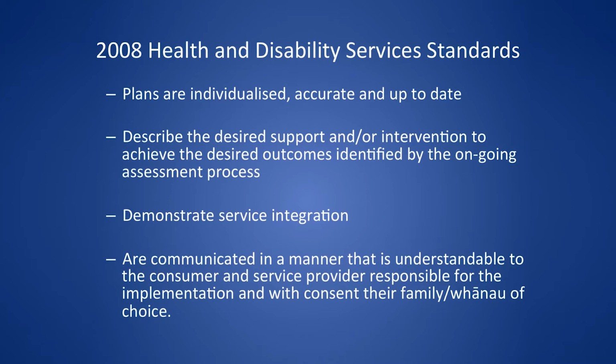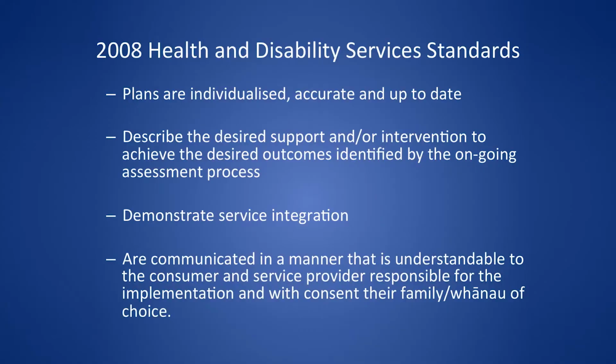The other thing that the disability services would like is you need to demonstrate service integration, which in residential aged care is sometimes a challenge, as you all know. It's sometimes difficult for us to get services to integrate with us. So it's not just that we're integrating with other services, it's how do we get them to come out and see us. So that's a whole other discussion.